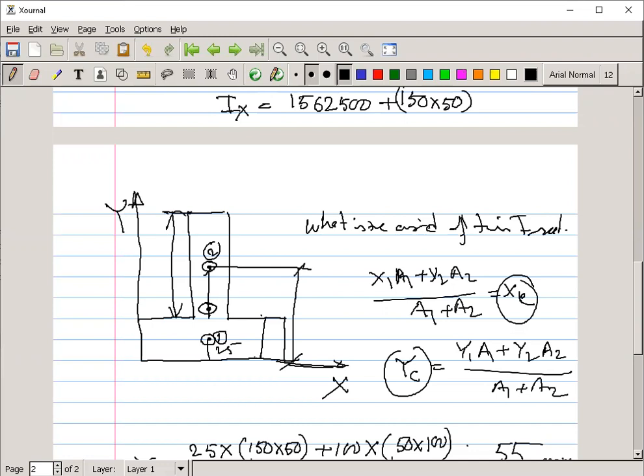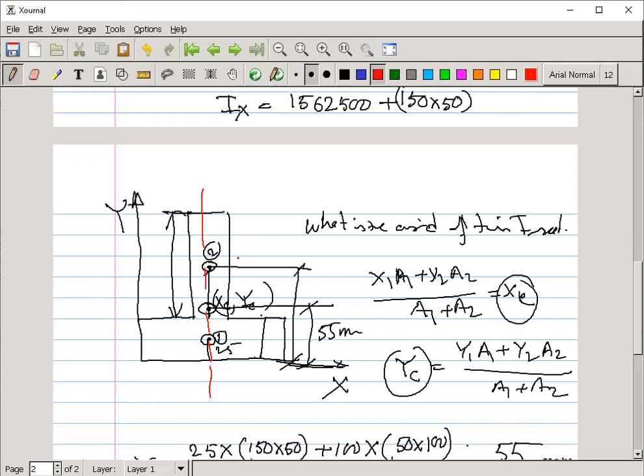For this composite element, the centroid, XC and YC, is at this position, and that distance is 55 mm. Another thing: why I put it here along the x axis, sorry, along the y axis, is that this is symmetric.